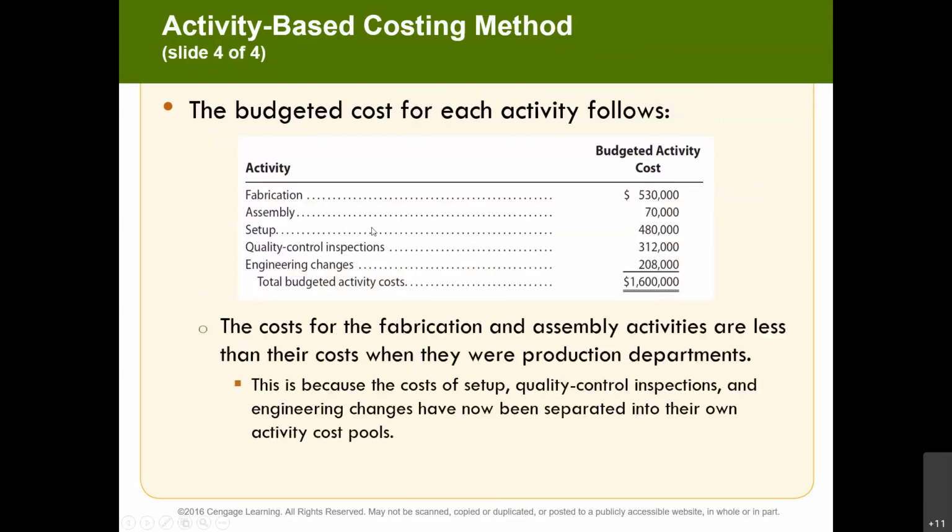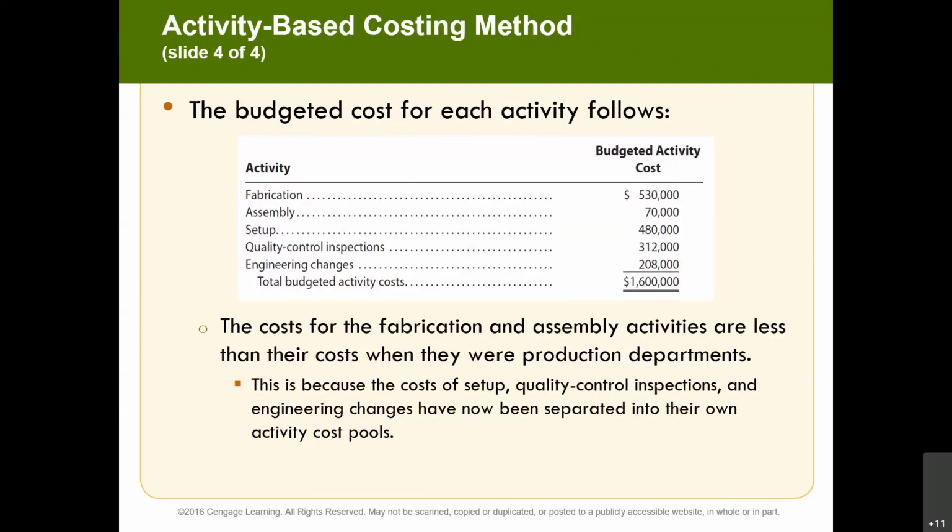Okay, so as you would expect, in terms of budgeting, we would budget for each activity. And in this example, this Ruiz company who manufactures the snowmobiles and the lawnmowers, there are budgets for each activity in the manufacturing process for each.